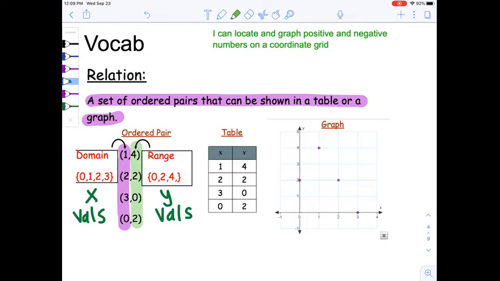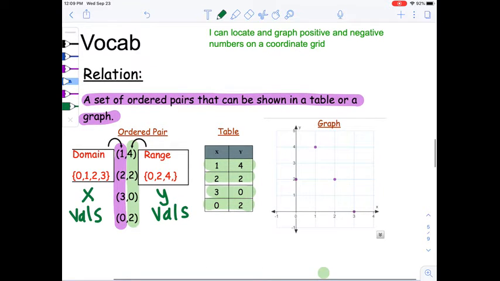So we have 0, 2, 4. And then in our table, we just have our ordered pairs broken up by x and y. So 1, 4, 2, 2, 3, 0, 0, 2. And then when we graph those ordered pairs, for example, if we were graphing 1, 4, we just go to the right 1, up 4, plot our point.